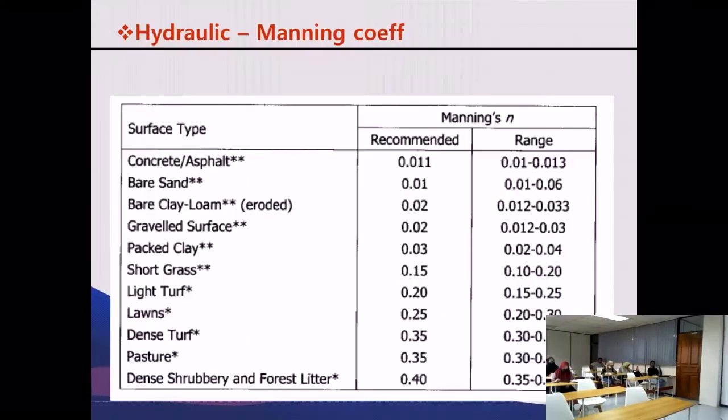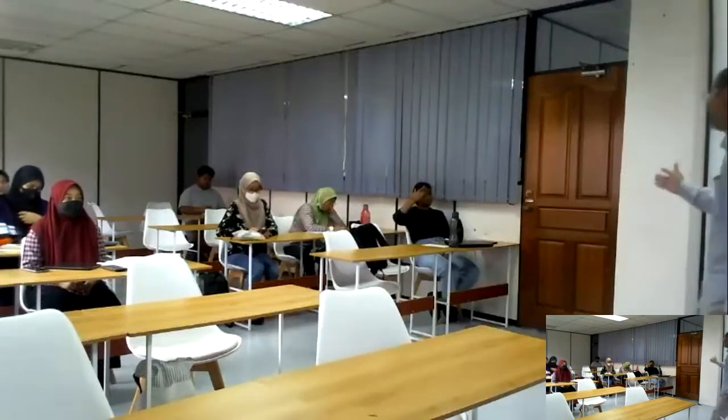Let us check. Manning coefficient n. So, concrete 0.011. Just now I mentioned what? 0.013. So I took the maximum. So recommended 0.011. If this is very smooth like this, probably 0.011. But sometimes our drains, you put your hand and rub it, it is very rough.